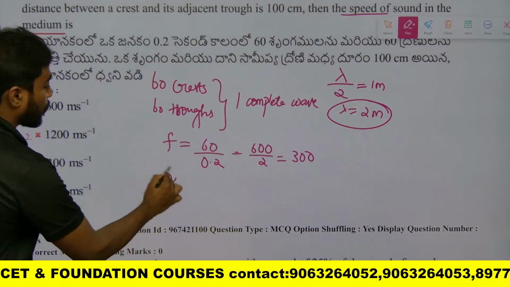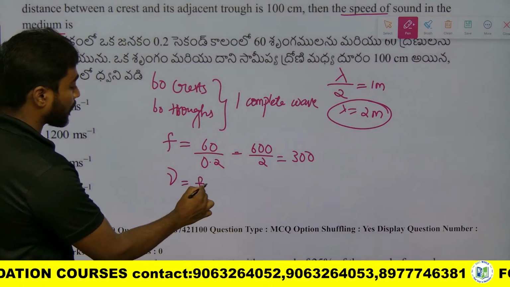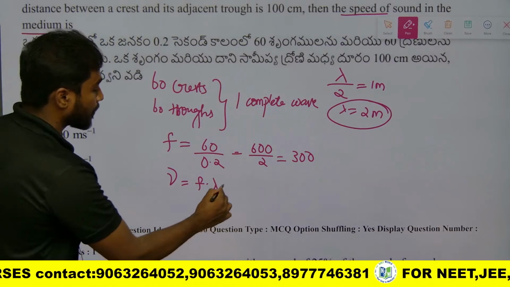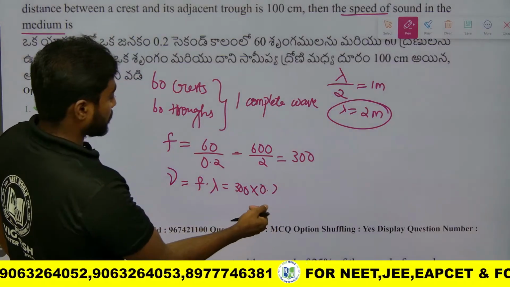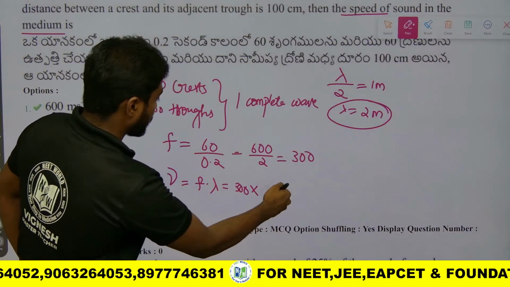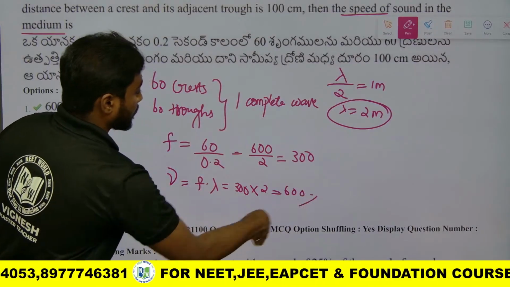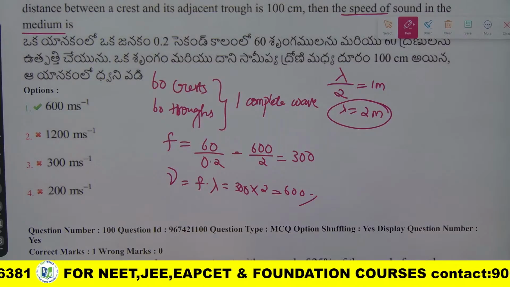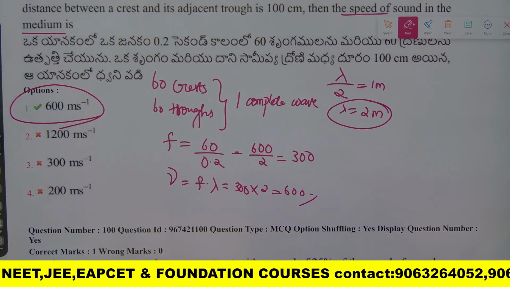Speed is nothing but frequency into wavelength, lambda. So 300 into 2, that is 600. We got the answer as 600 meter per second.